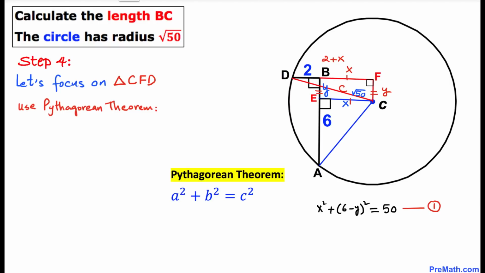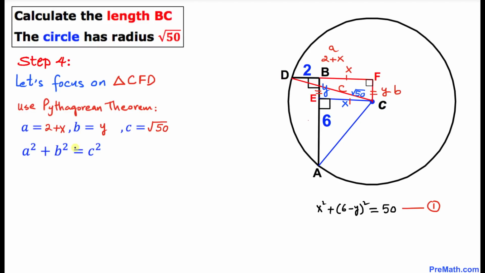And then I am going to call this horizontal side a, which is going to be 2 plus x, and the vertical side as b. And here's our Pythagorean formula: a square plus b square equal to c square. Let's go ahead and fill in the blanks. In our case, a is 2 plus x, b is y, and c is square root of 50.